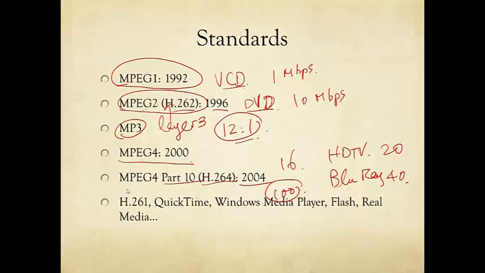Now, these are not the only ones. There are quite a few others. For example, H.261 was once upon a time quite a popular one, okay, for IP video. Apple has QuickTime that's merging into MPEG-4 now. Windows has Windows Media Player. Okay? Adobe has Flash, and Real Networks has Real Media Player.